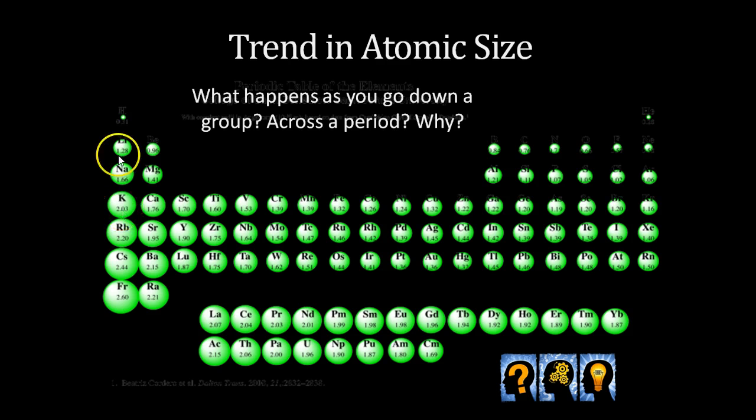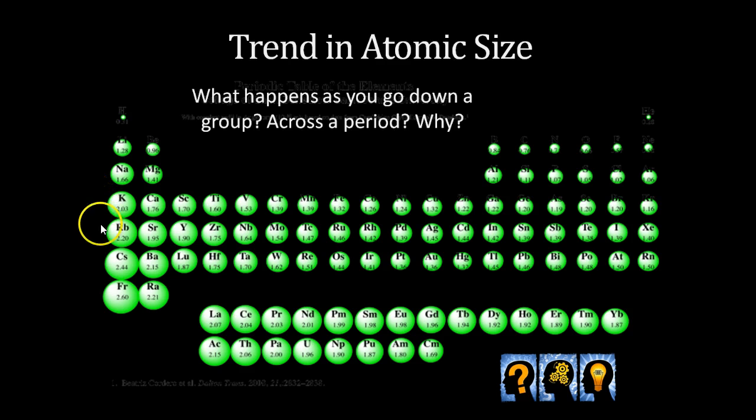So what's really accounting for the size of atoms is the pull from the protons pulling on the electrons. Here, because you're adding energy levels and more electrons every time, the atoms are getting bigger because those electrons on the inside are shielding them from the outside, and also because of that added energy level.